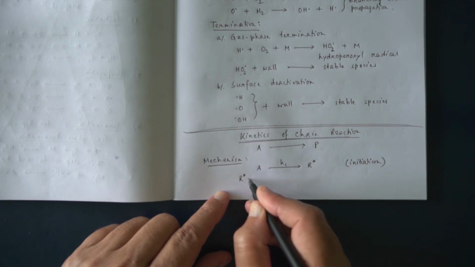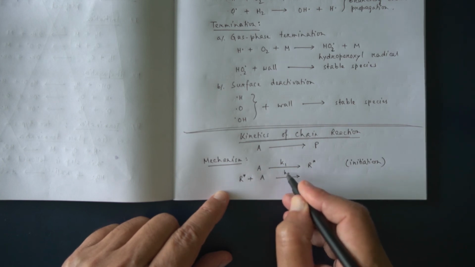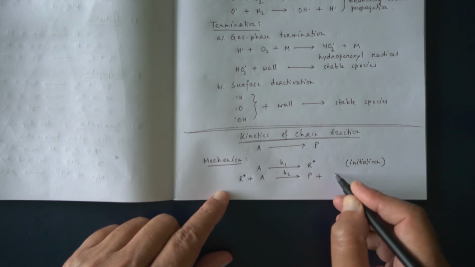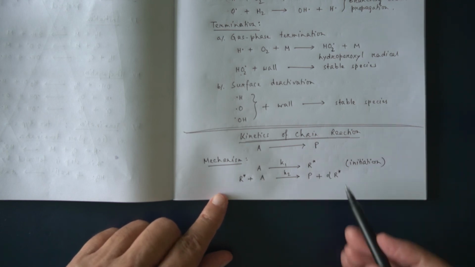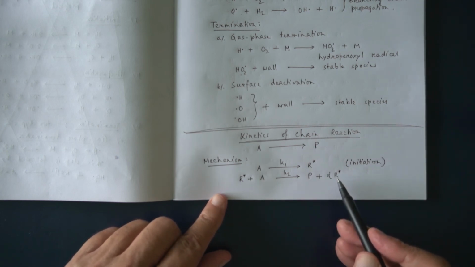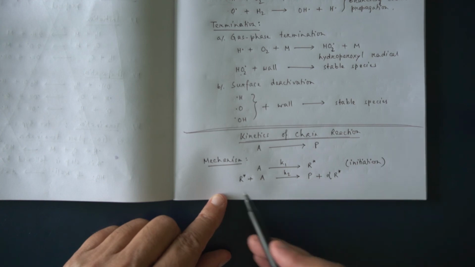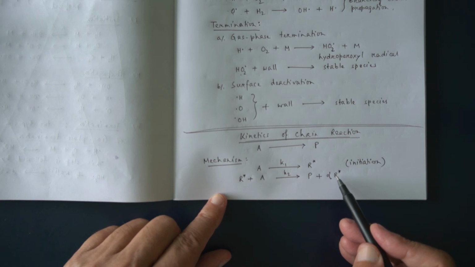Then the chain carrier reacts again with the reactant to form the product plus alpha number of chain carriers. Now if alpha is 1, one chain carrier is destroyed and only one chain carrier is formed.